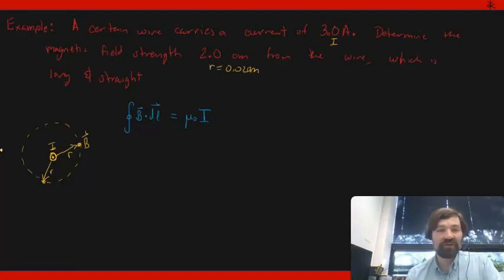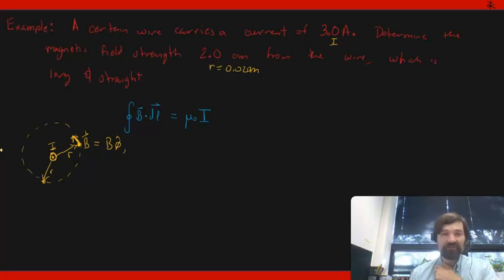In some sense, one way of doing that is noting that at each point on the loop, B seems to have more or less a direction in the phi hat direction. So we could call this like B phi hat.